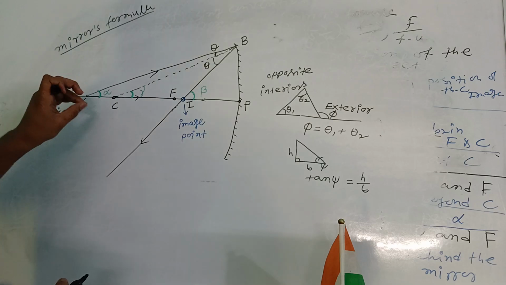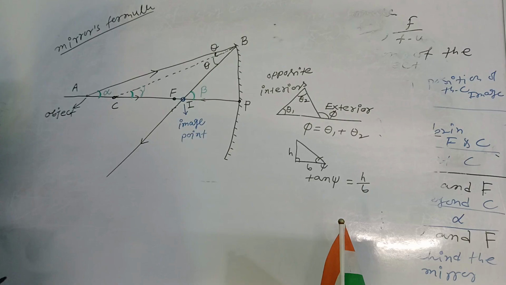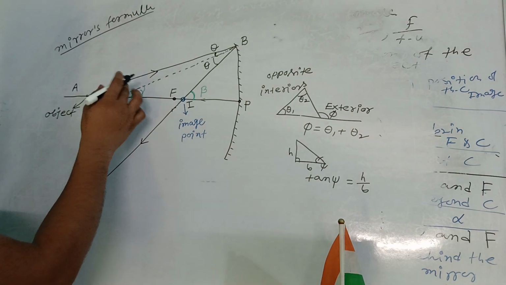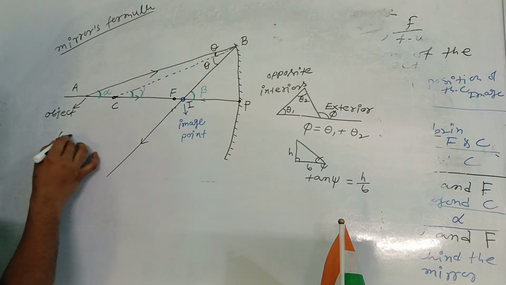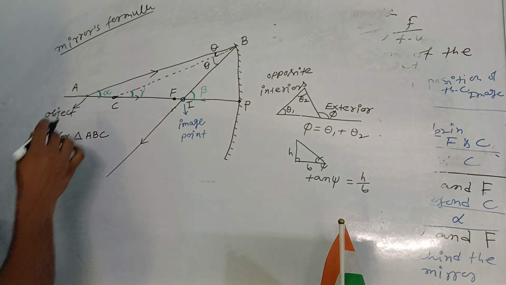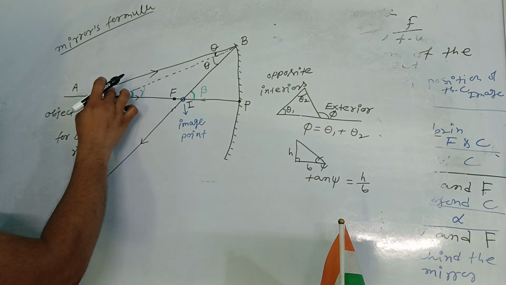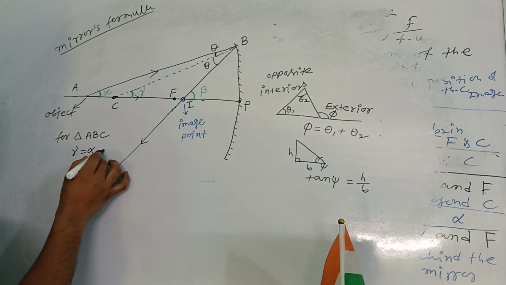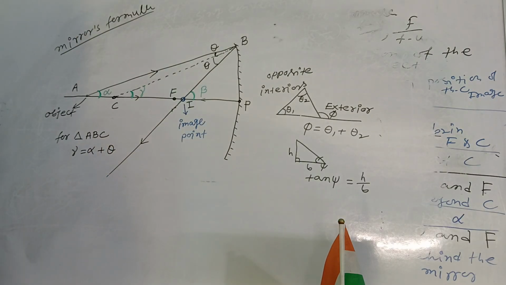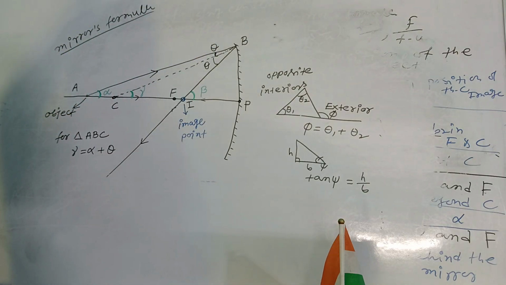So see, for triangle ABC, we can write gamma is equal to the exterior, the sum of opposite interiors, alpha plus theta. Is it clear? This is gamma, it is alpha plus theta. Done?